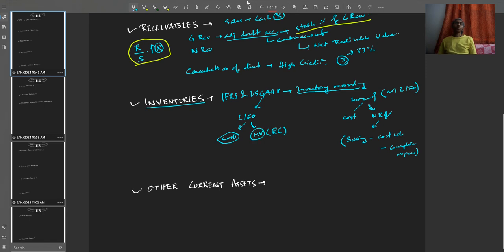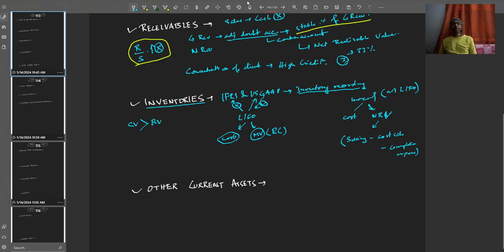LIFO is not allowed in IFRS. It is allowed in US GAAP.